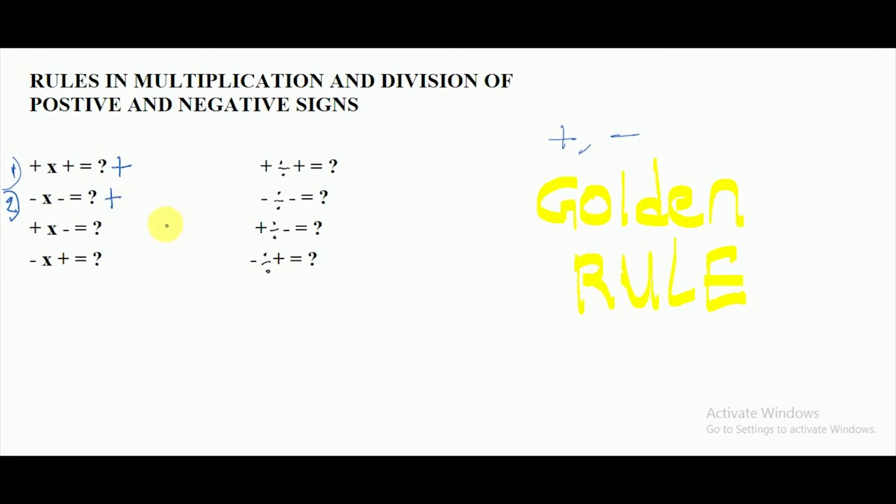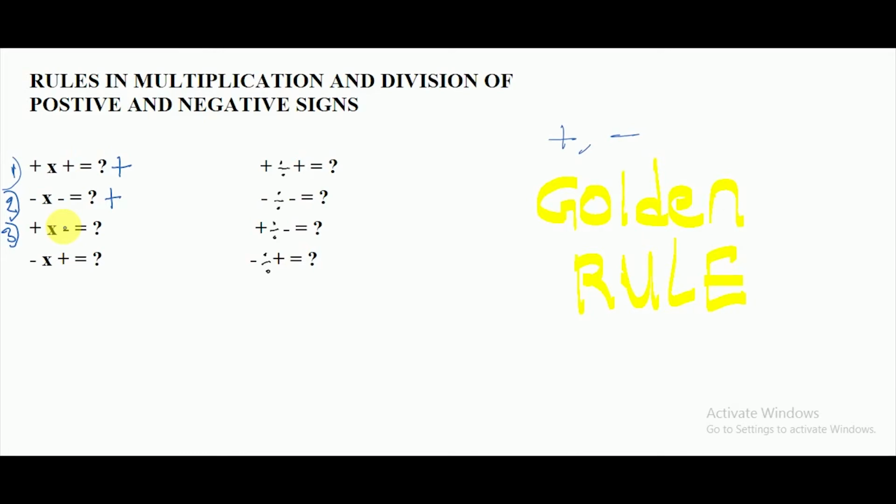It's very simple. Now look at what will happen at this side that says plus times minus. Now we don't have two identical signs. These are two different signs that are multiplying themselves. Plus times minus, a positive sign times a negative sign. Now the golden rule says if you have two identical signs multiplying themselves, it gives a positive sign.